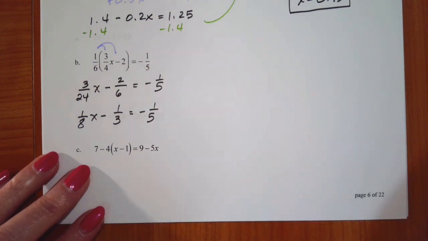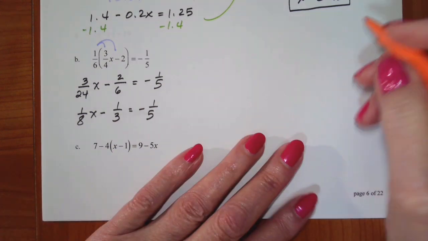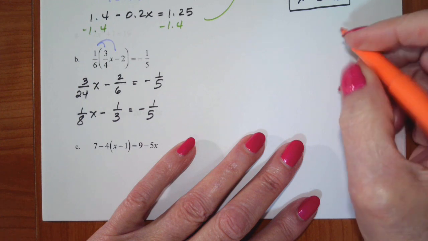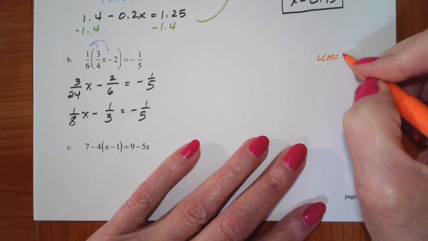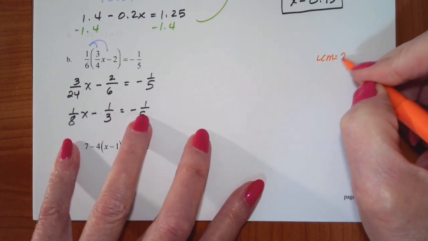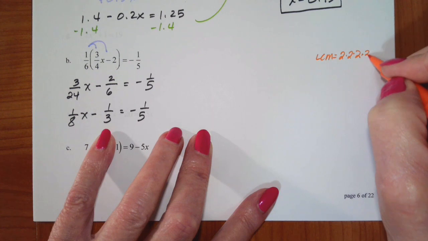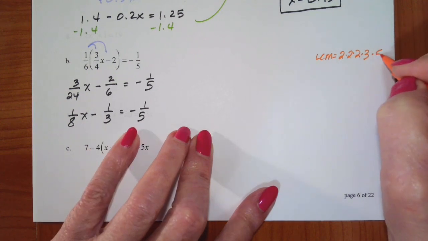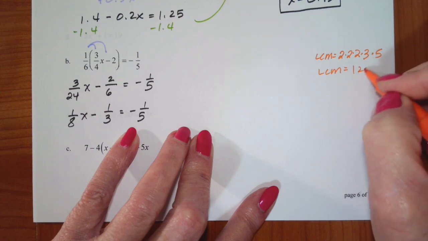Here I want to look for the least common multiple. So the LCM has to include the factors of 8, which are 2 times 2 times 2, the factors of 3, which is 3, and the factors of 5, which tells us the LCM is 120.